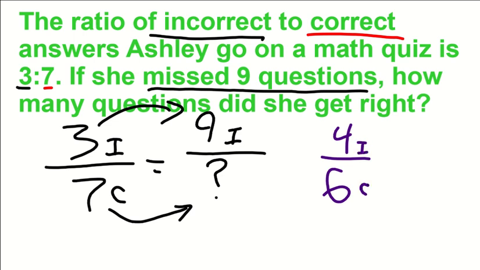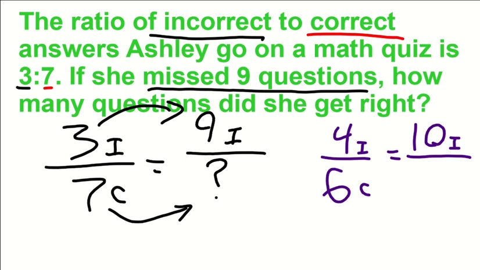If it said she got ten incorrect, we got to figure out how many she got correct, right? To go from 4 to 10, what do we multiply by? Oh, I can. You maybe can't. I can. All right, but the fact is it's not as easy, right? So here's what you do.